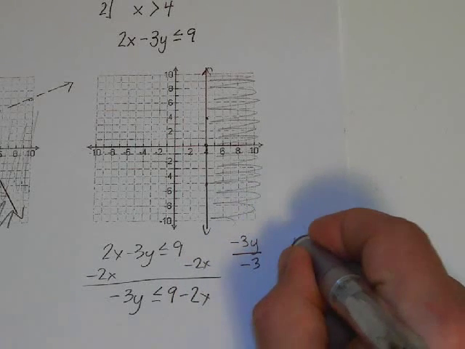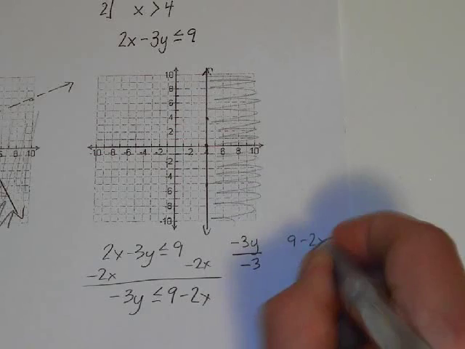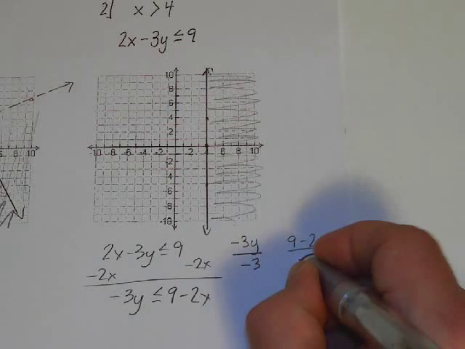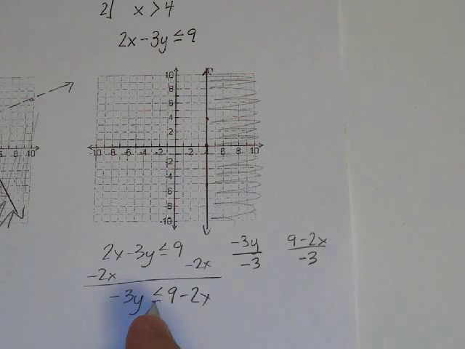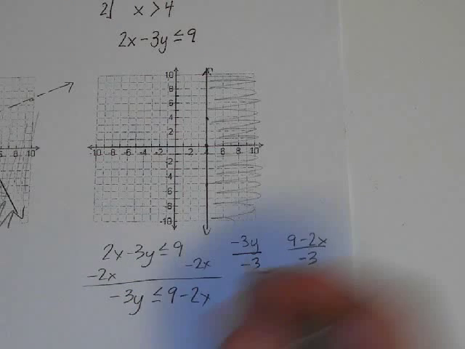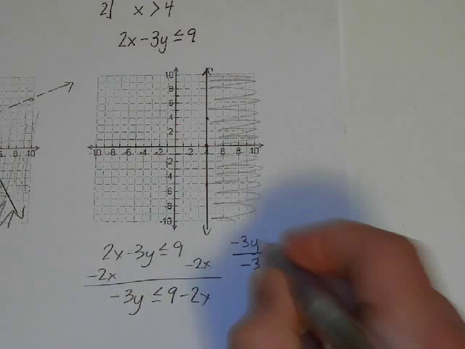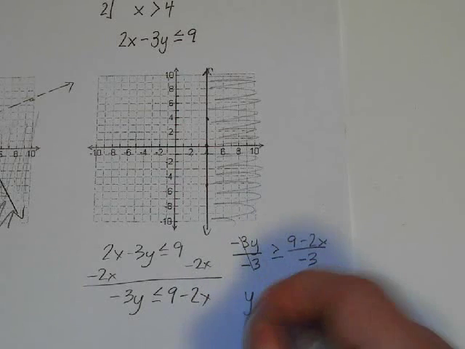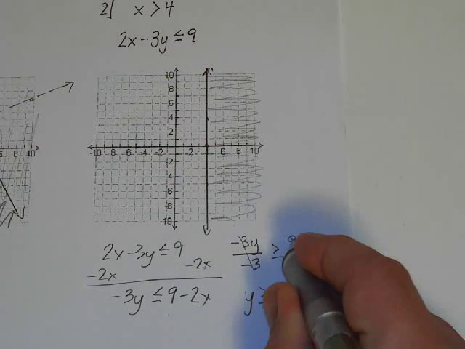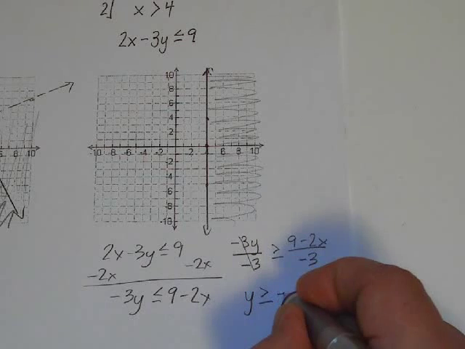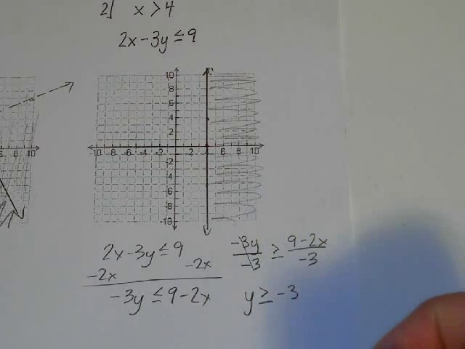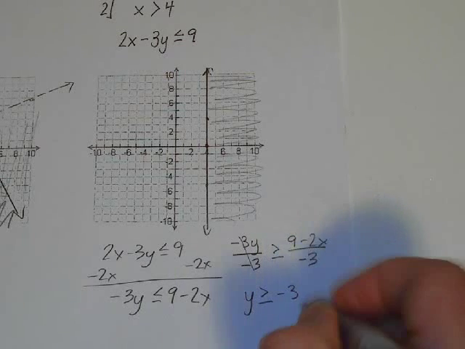So this less than or equal to becomes greater than or equal to. So y is greater than or equal to 9 divided by negative 3 is negative 3. And then negative divided by negative is a positive, so we get plus 2/3 x. So this is the inequality we're going to graph.